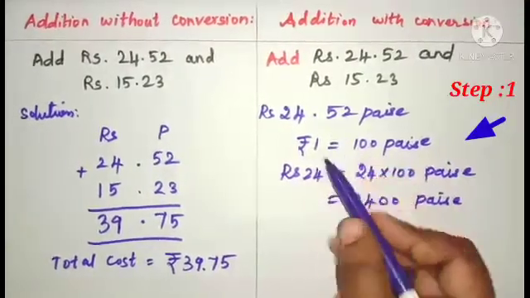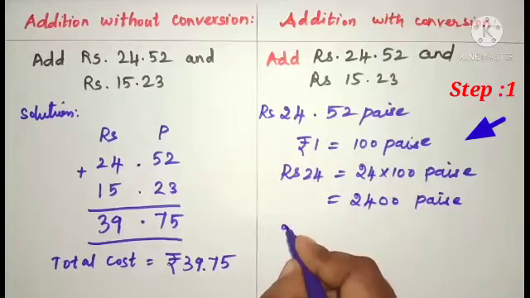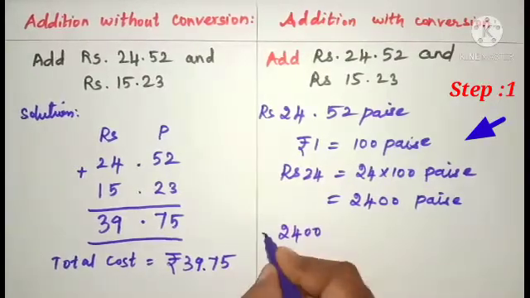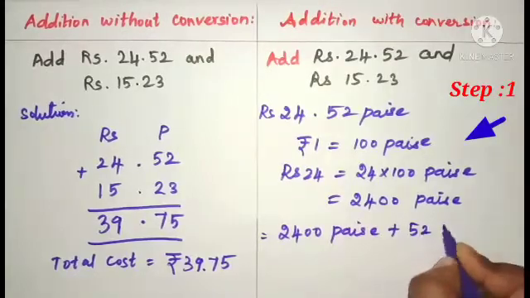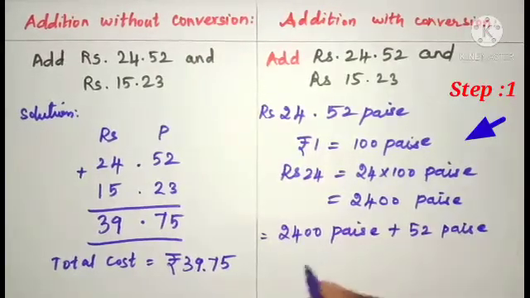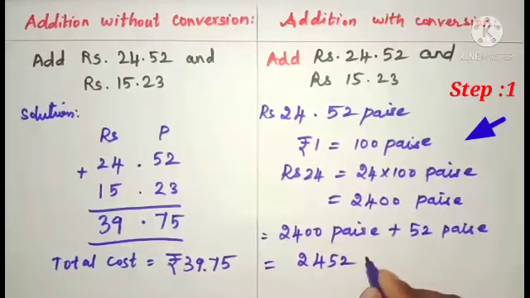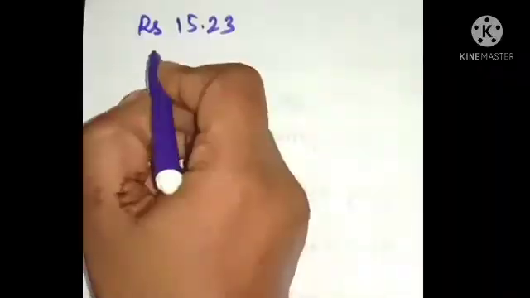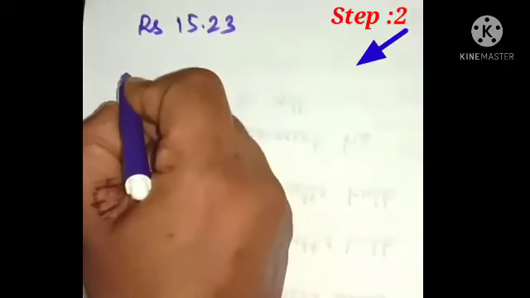Here already 52 paise is there. So totally we get 2400 paise plus 52 paise, which is equal to 2452 paise. The second value, we can convert into paise too.